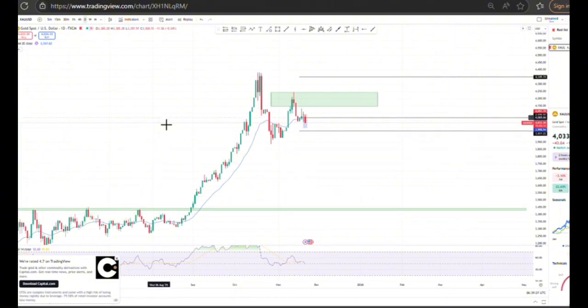Basically we have three forms of market structure, which is normally the uptrend, higher highs and higher lows.